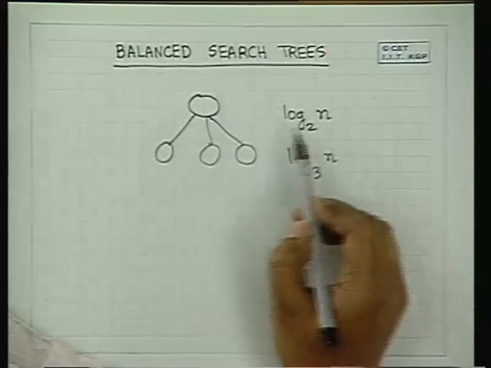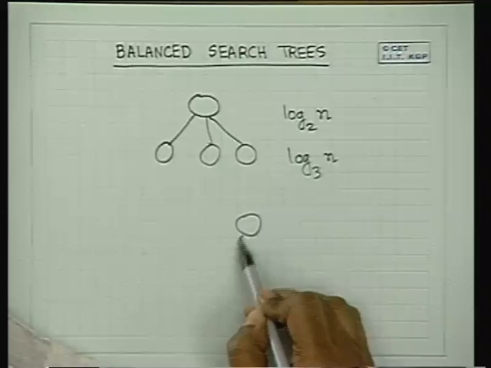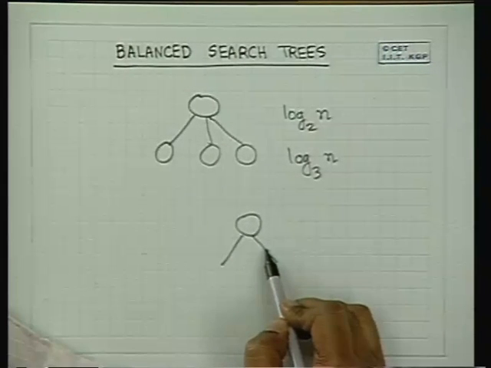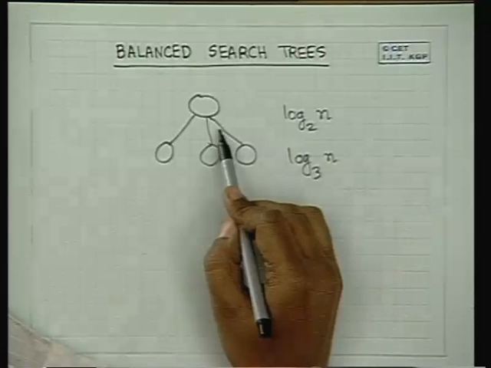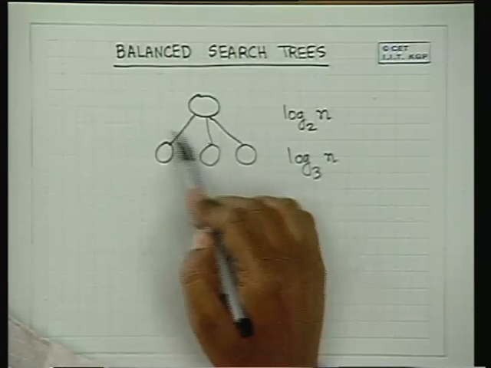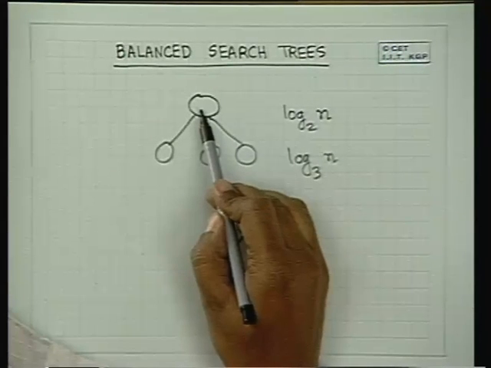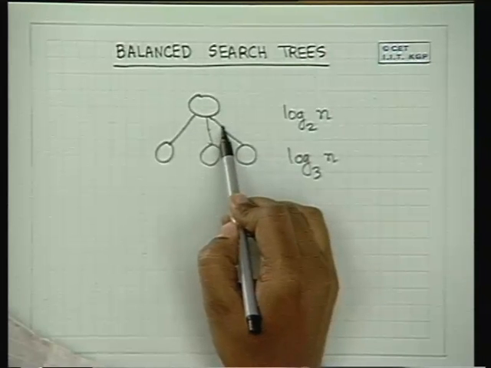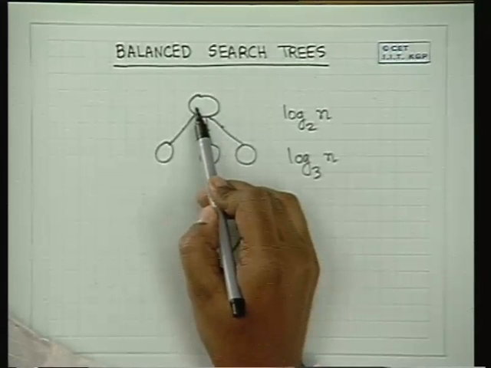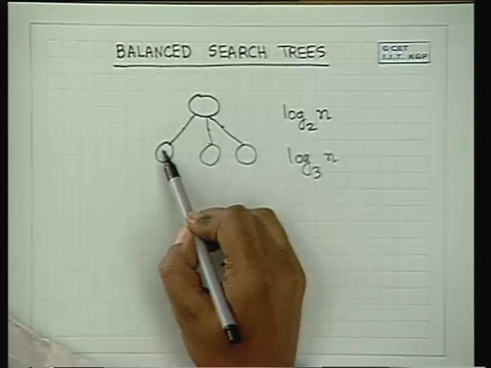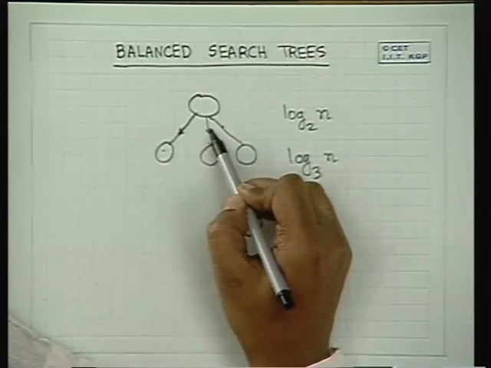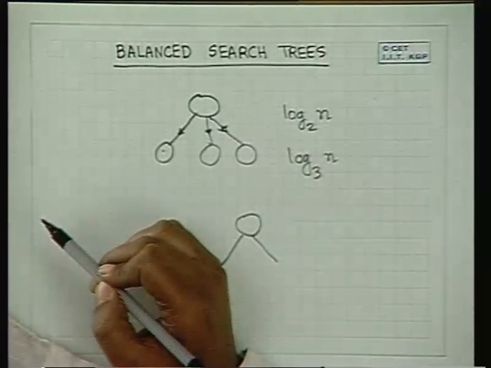But to take any decision in a binary search tree, you have to make one comparison and you can move left or right. But in a 3-ary tree, you have to make 2 comparisons to decide exactly which one to go into: whether you will go this side, or this side, or this side.